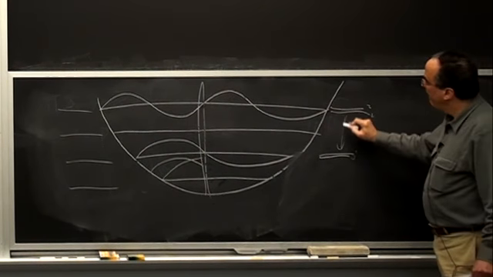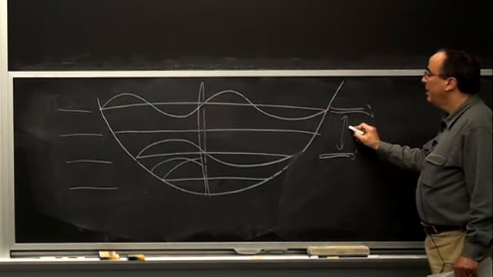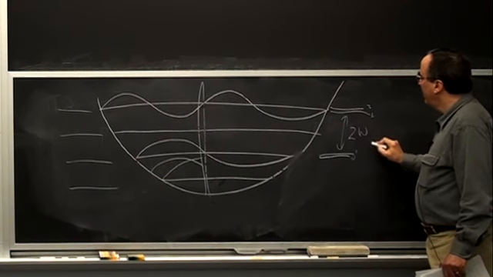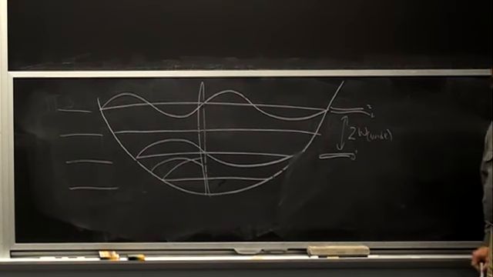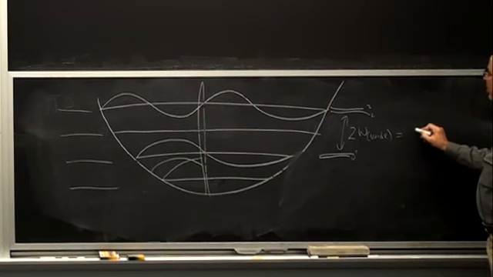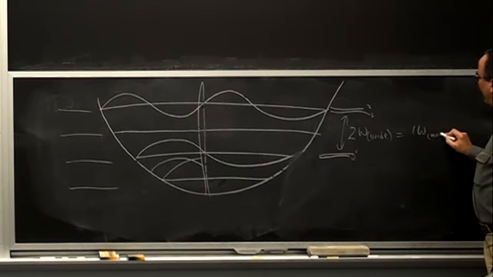And the spacing of these two is 2 omega y, which is equal to 1 omega narrow.